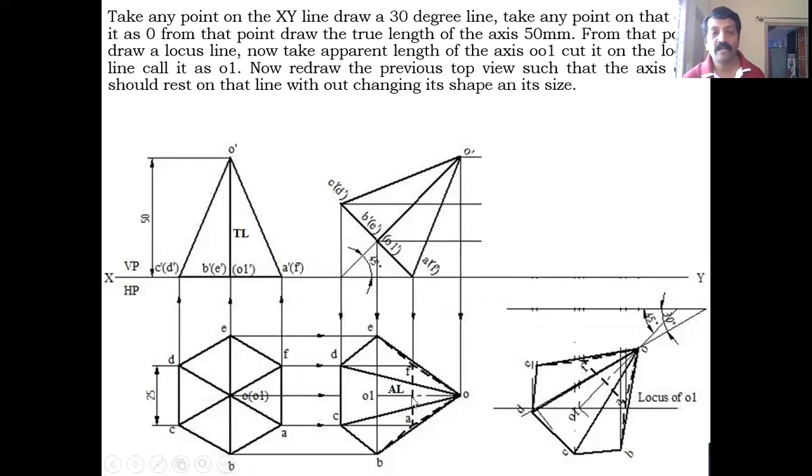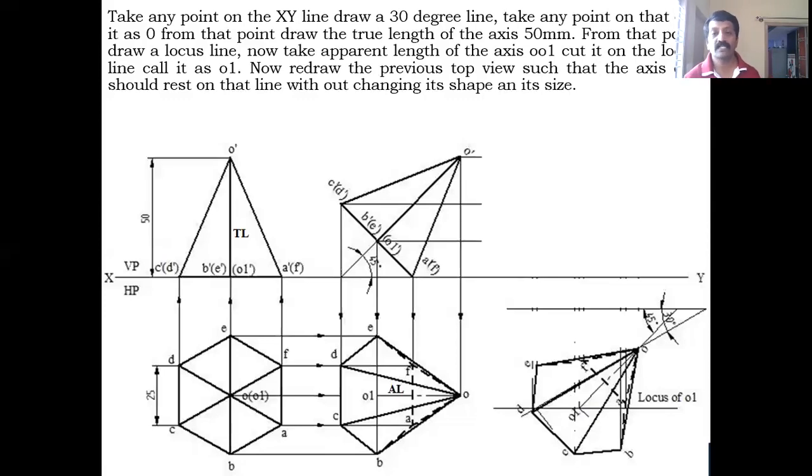Take this length from the previous top view. Now with the same center O, cut this horizontal locus line. Now call this O1. This is the axis. Now extend this O1 to O till it meets the XY line, and measure the angle and show it. So this is the apparent inclination of the pyramid.